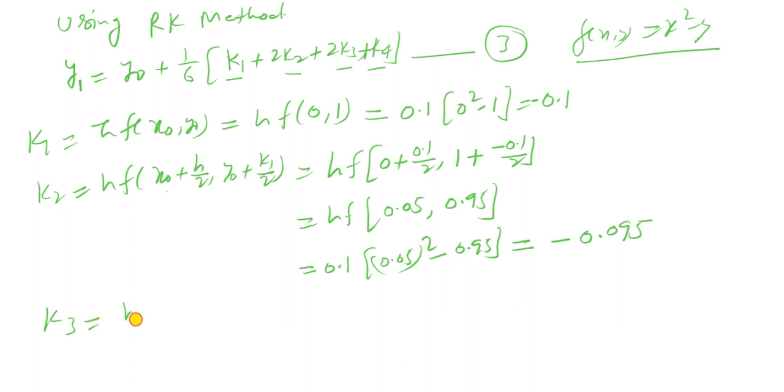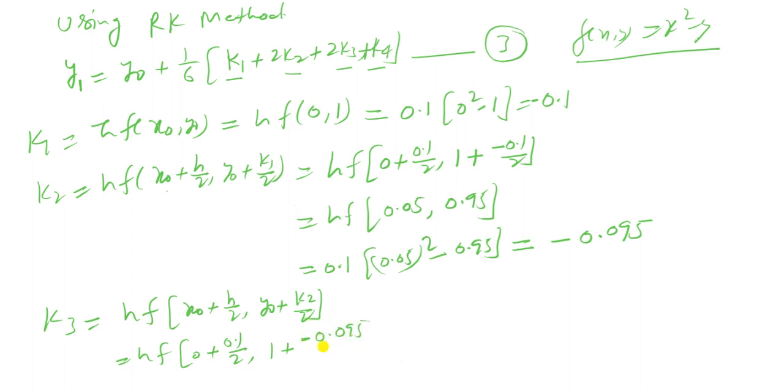Now k3 is equal to h f of x0 plus h by 2, y0 plus k2 by 2. So h f, x0 is 0 plus 0.1 upon 2, y0 is 1 plus k2 is minus 0.095 upon 2.